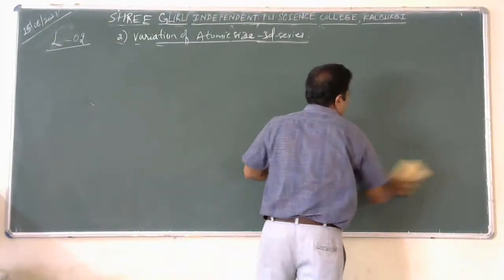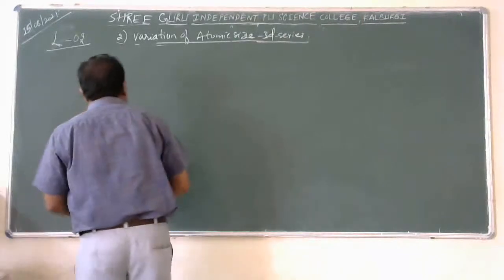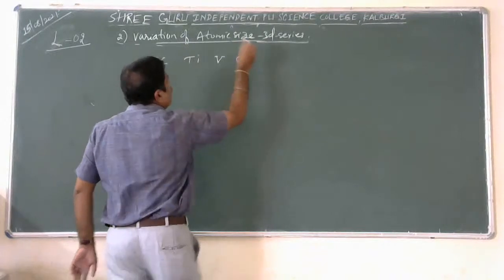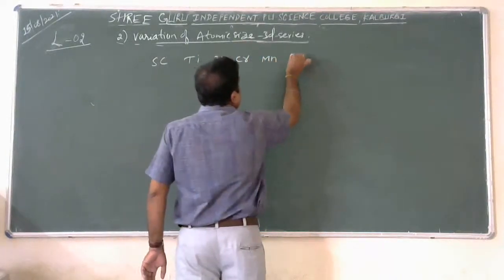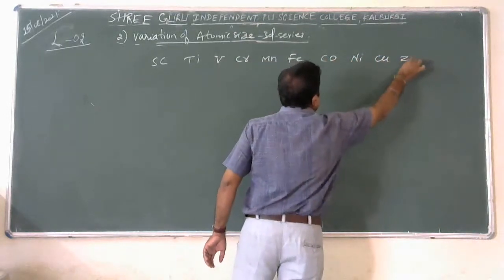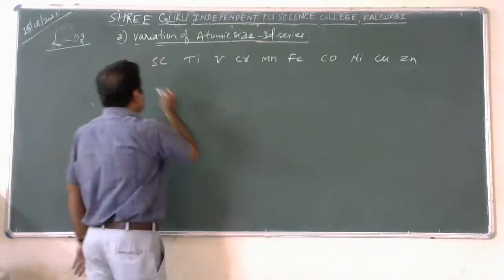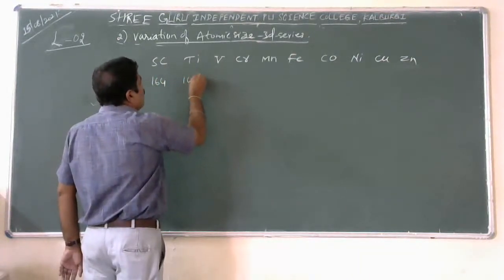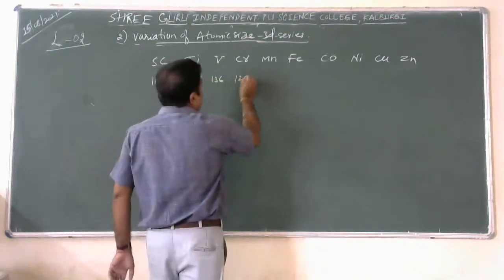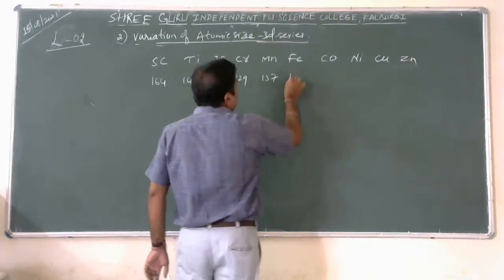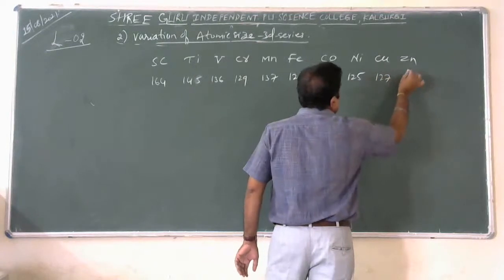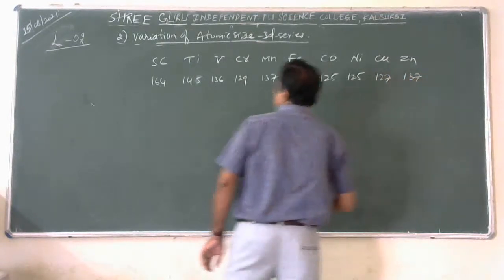See, students, after outer electronic configuration, now size: scandium, titanium, vanadium, chromium, manganese, iron, cobalt, nickel, copper, zinc. That is 164, 145, 136, 129, 137, 126, 125, 125, 127, and once again 137.